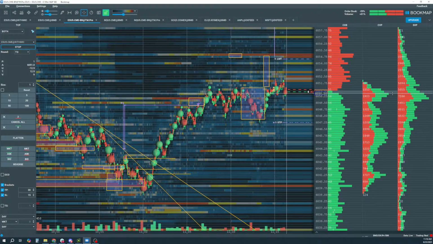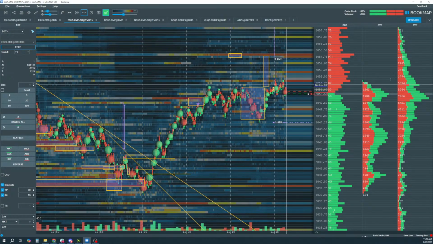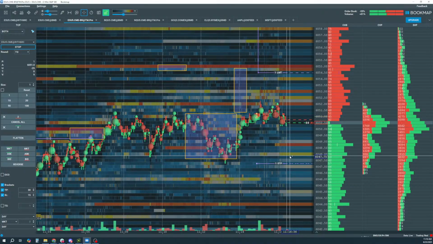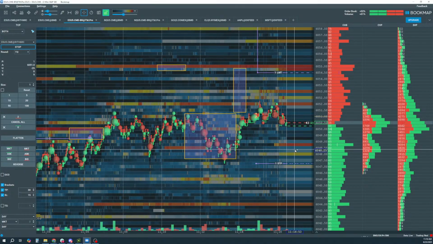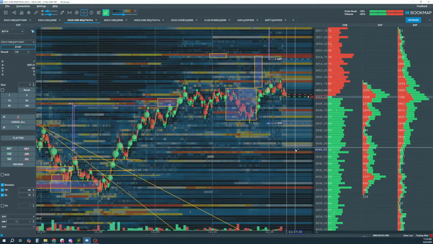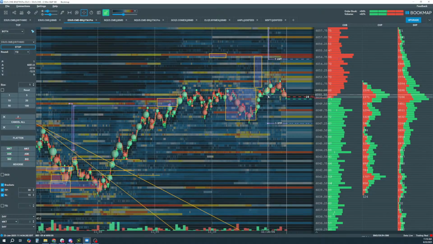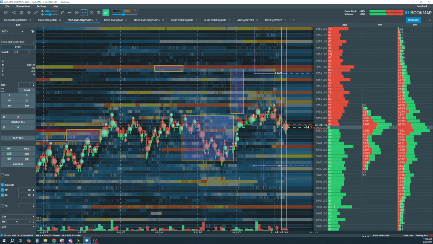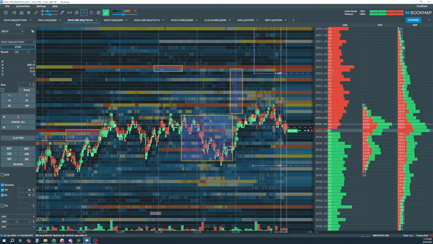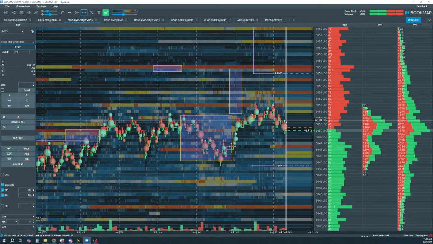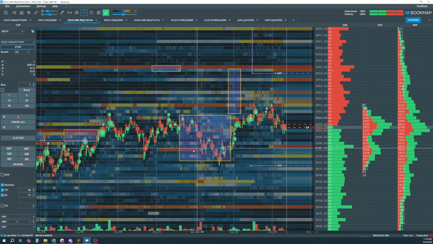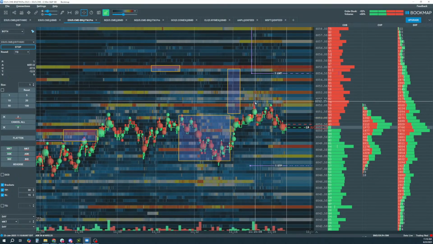Let's see, we'll jump over to gold and take a look at that. You see some of the aggressors coming in here, but now watch this. This is where it gets really funny, because you see some passive orders in here getting filled, but not so much, right?